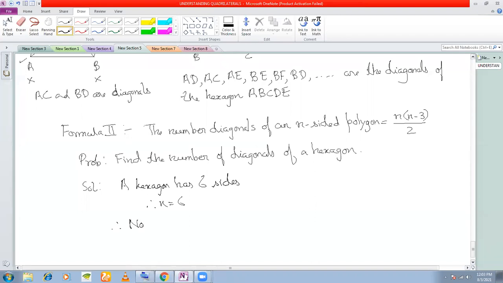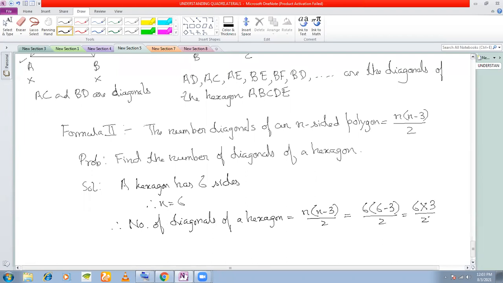Therefore, the number of diagonals of a hexagon is equal to n into n minus 3 divided by 2. Put the value of n. What is the value of n? 6. So 6 into 6 minus 3 divided by 2, which is equal to 6 into 3 divided by 2.